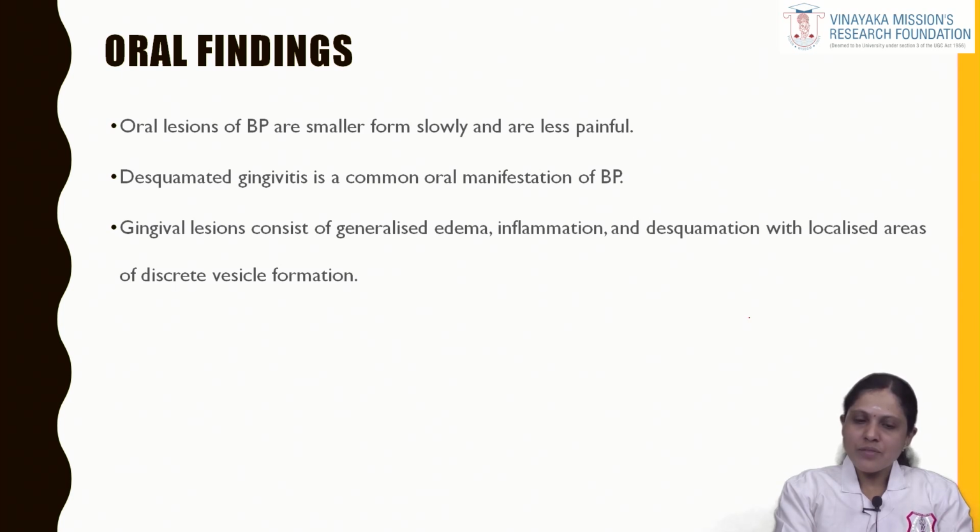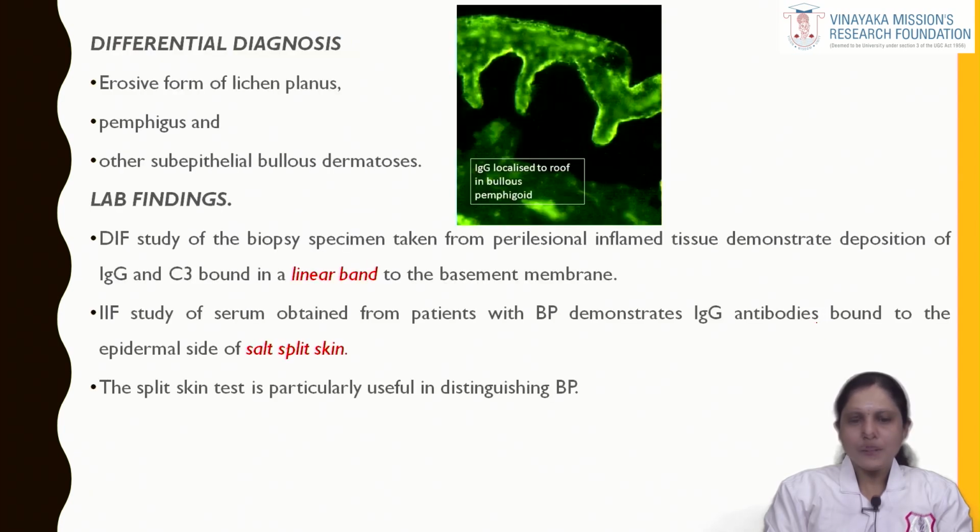It presents as desquamative gingivitis, a common manifestation, characterized by generalized edema, inflammation and desquamation with localized areas of discrete vesicle formation. The differential diagnosis includes the erosive form of lichen planus, pemphigus and other subepithelial bullous dermatoses.